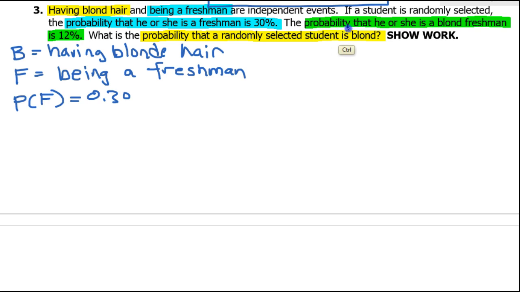The probability of being blonde and a freshman is 12%, so that's 0.12. What is the probability of being blonde? So we're being asked to find the probability of B.